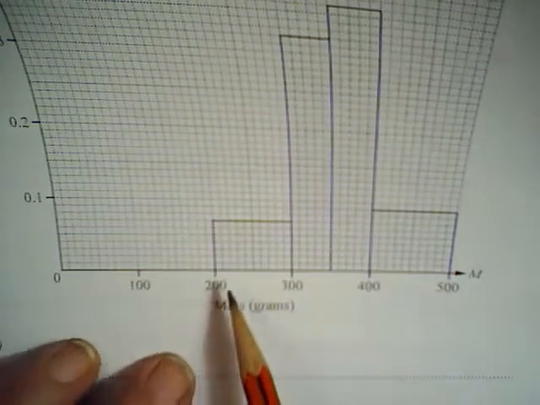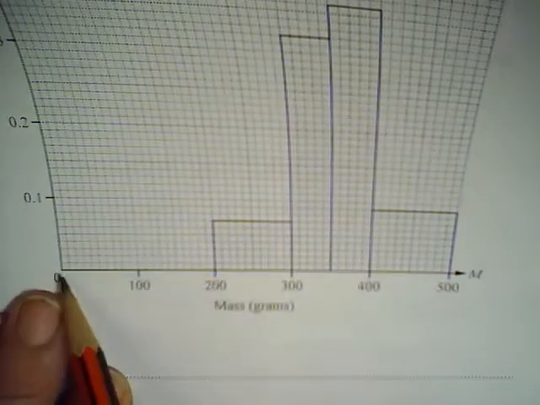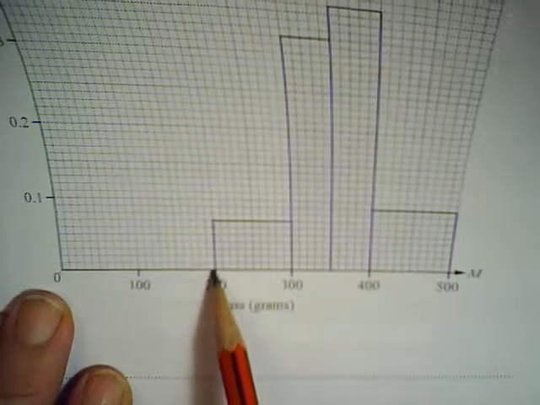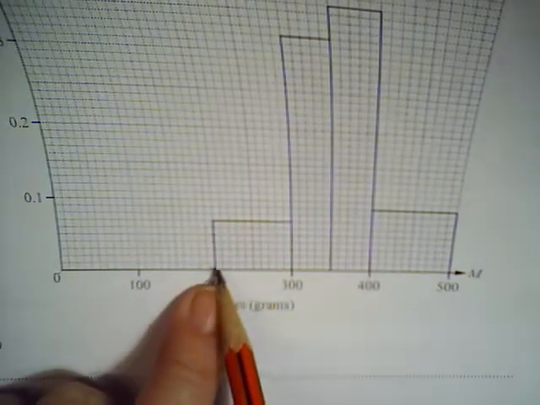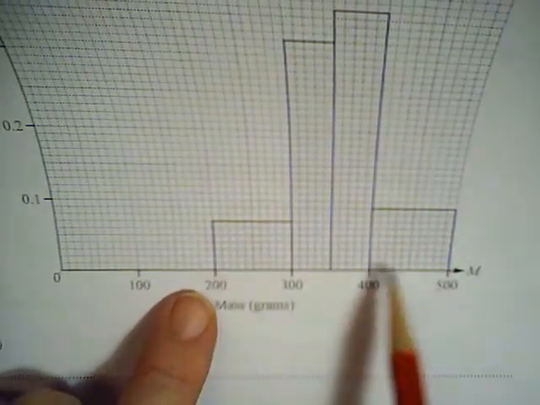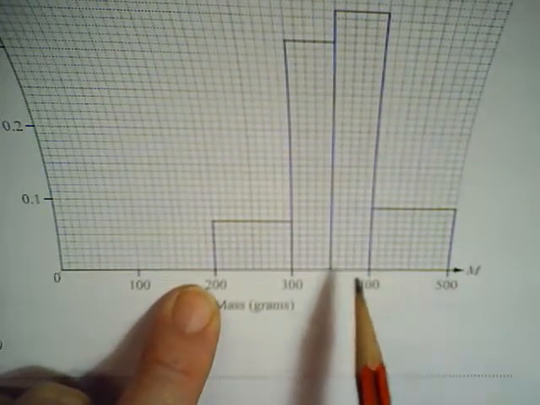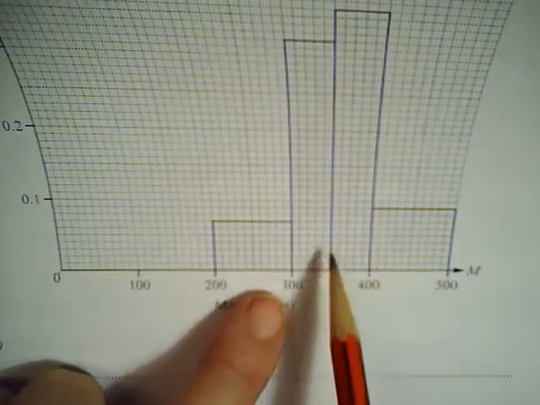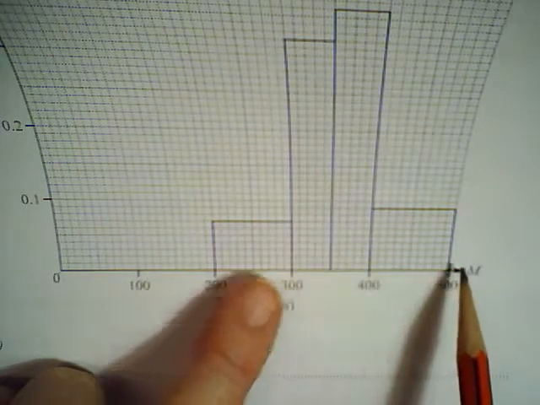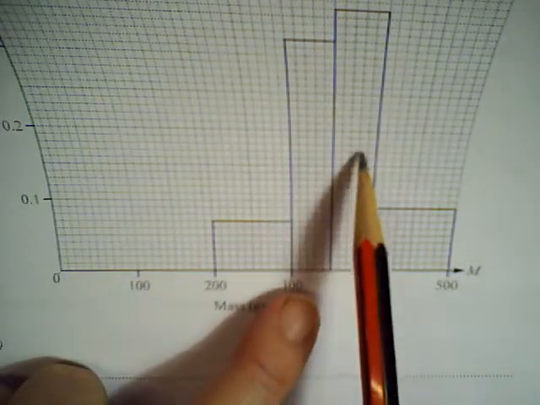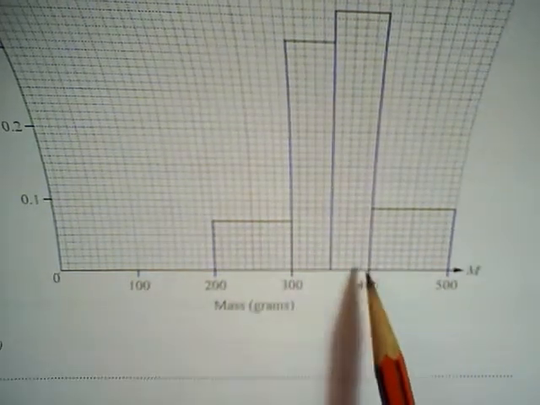We can see that none of them measured 100 grams or less than 200 grams actually. So their information is a little bit more condensed to 500. They seem to have selected values a little bit closer, and more of the adults selected higher values.